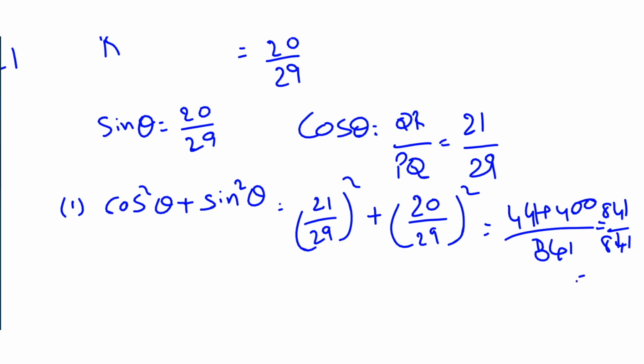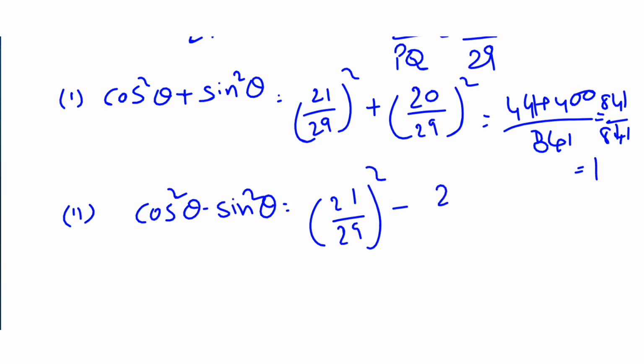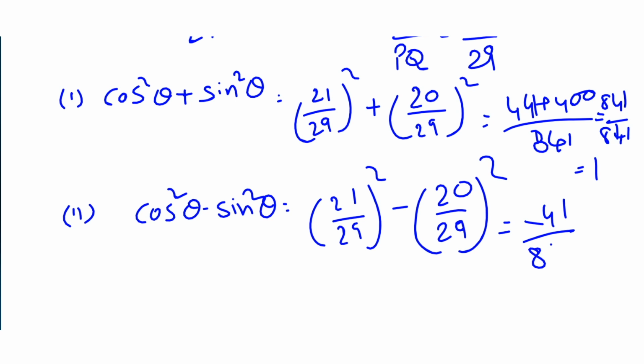So the value equals 1. So cos square theta plus sin square theta equals 1. Cos square theta minus sin square theta equals 21 by 29 whole square minus 20 by 29 whole square, that equals 41 by 841.